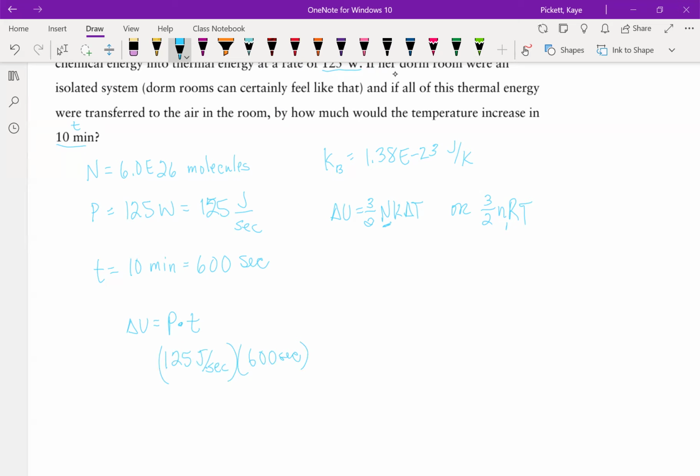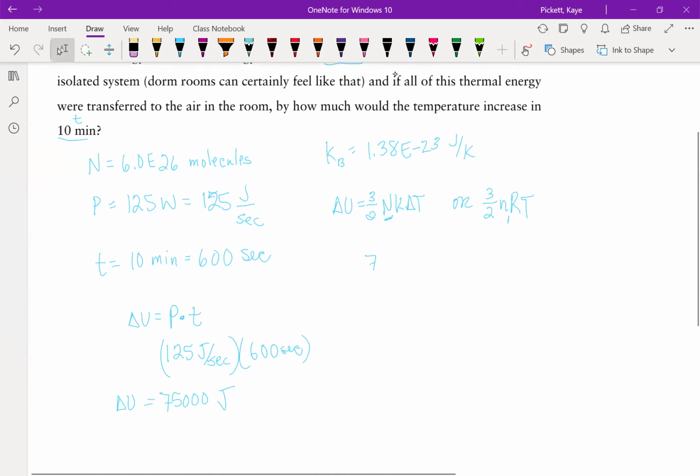And that gives me 75,000 joules. Okay. There's my delta U. N, I know. K, I know. And now I'm just looking for delta T. So now I can just plug in some numbers.